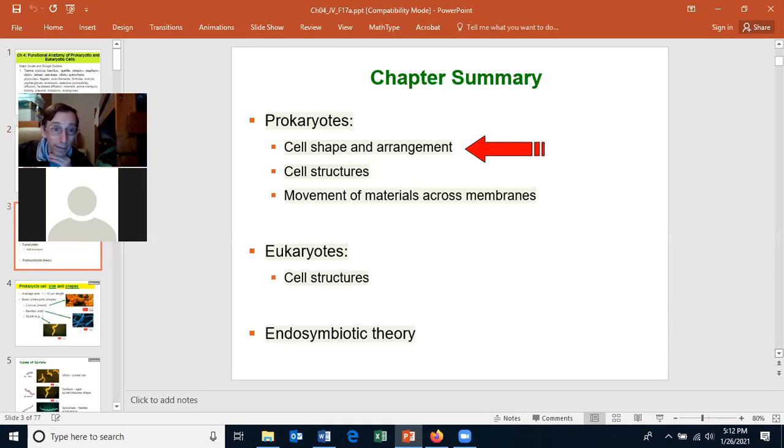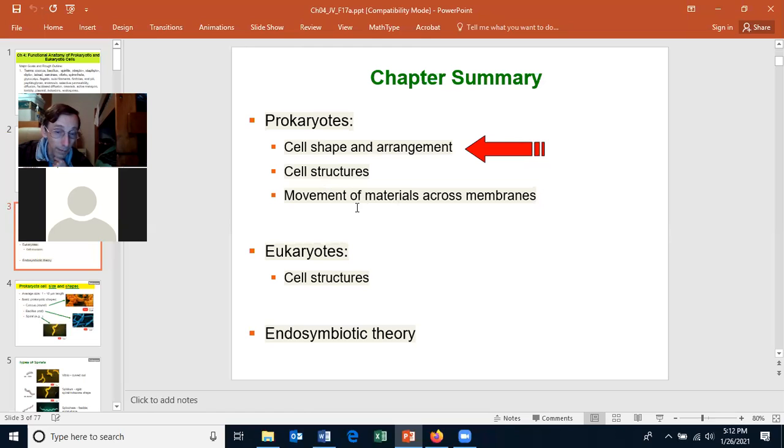So our next slide's an overview of what we're going to be doing. We're going to be discussing first the prokaryotes, discussing their cell shapes and their arrangements. That's a growth arrangement. The cell structures, the different parts within the cells, and then the movement of materials across membranes.